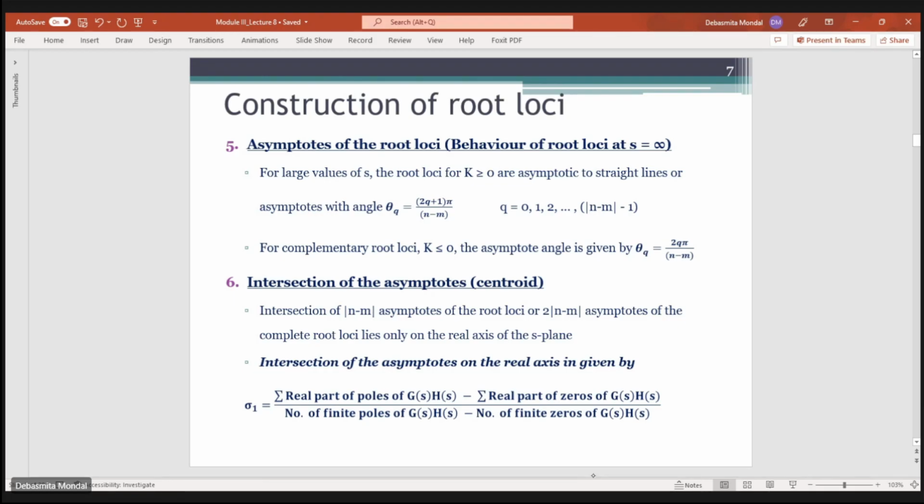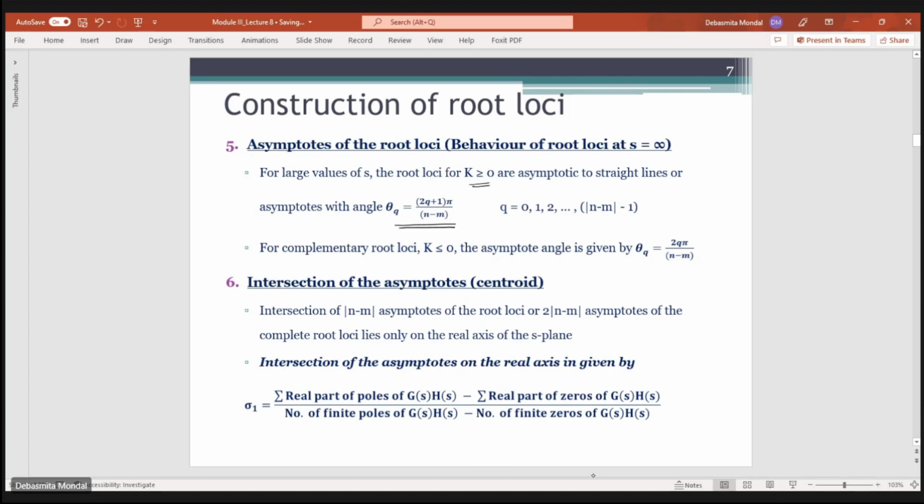This is the angle of the asymptotes if the number of poles and zeros in the open loop system are not equal. This is for k greater than or equal to 0.